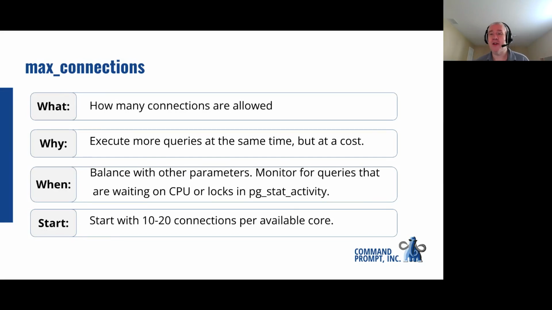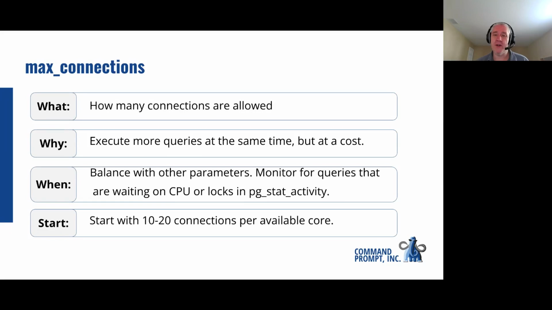The other aspect of it is, when you have 1,000 queries executing at the same time, how much CPU will each query have? Our usual guideline is to not go much beyond 10 to 20 connections per core.